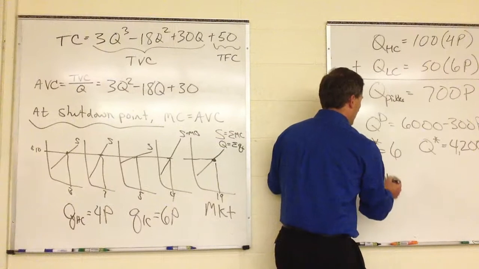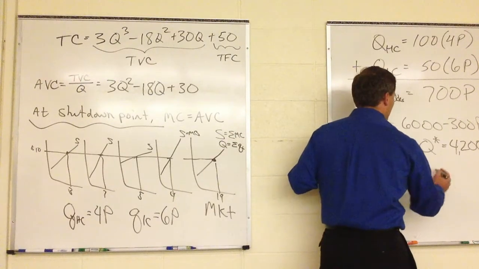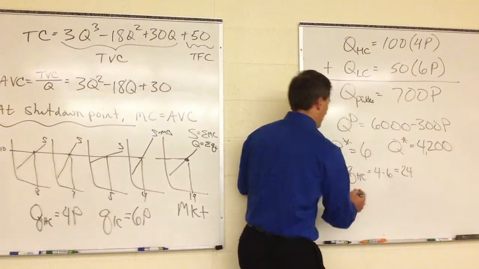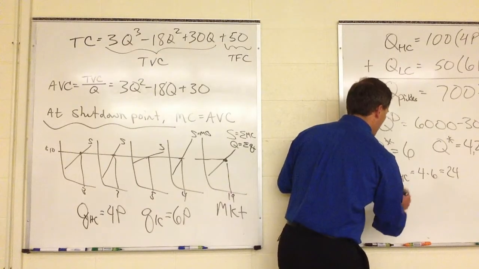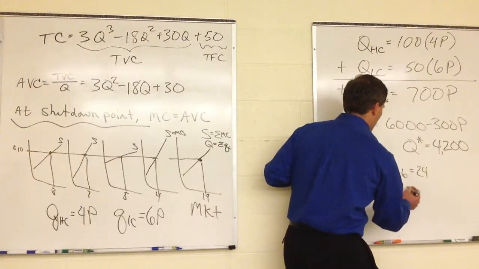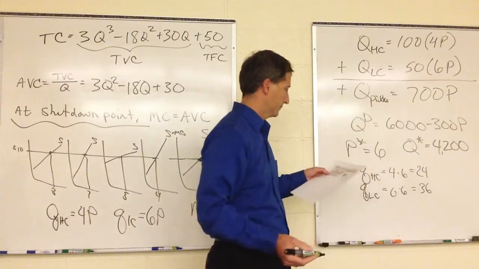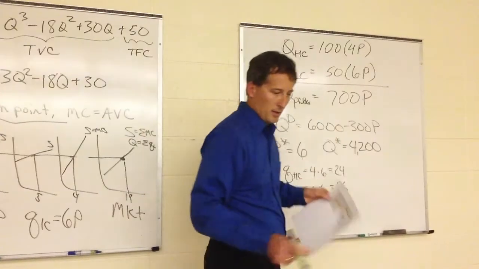So little q for a high cost firm is 4 times 6 equals 24 units. And the low cost firms are 6 times 6 equals 36.